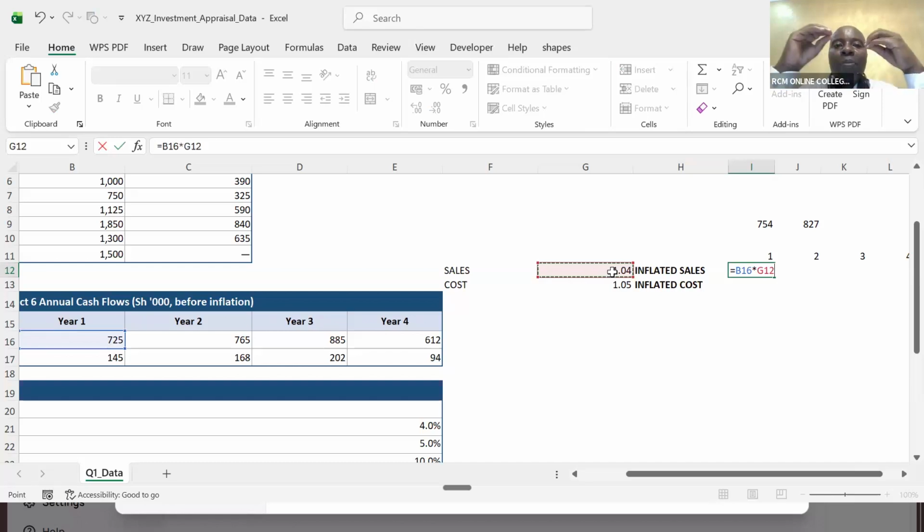But see, this 1.04 is going to be constantly used throughout. It shall not change. And in business data analytics, in Excel, any number that does not change, ladies and gentlemen, we shall always lock it. And to lock a number that will remain constant throughout, we normally go to our very top row.